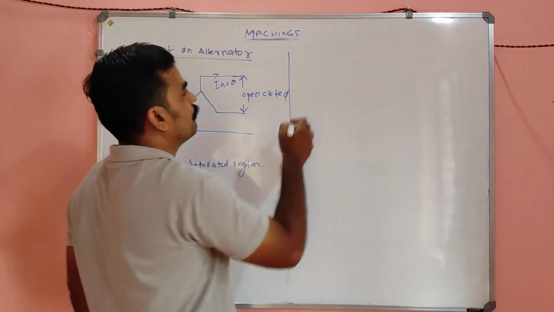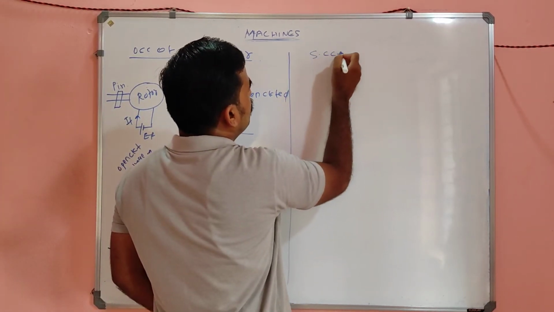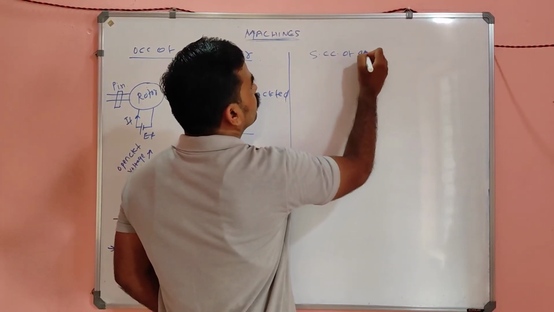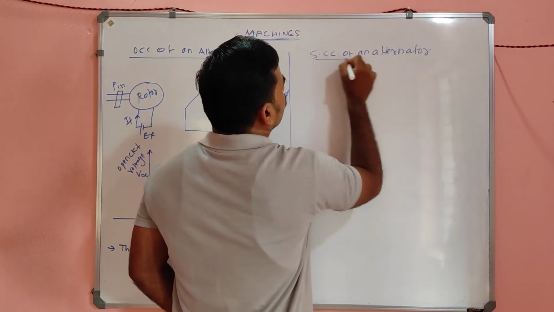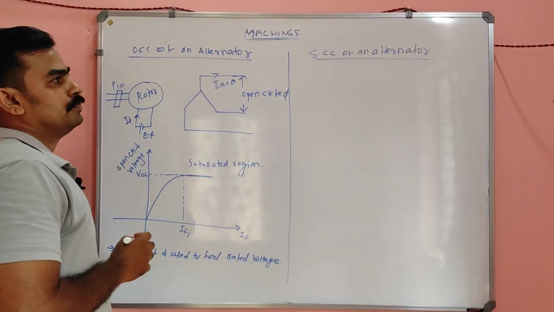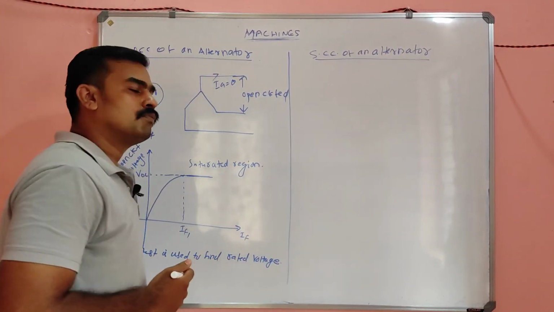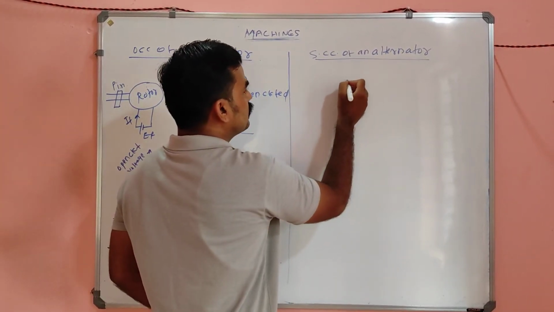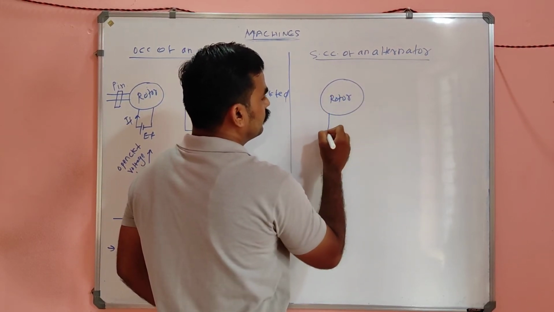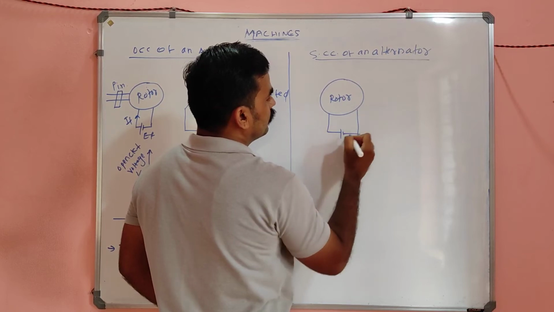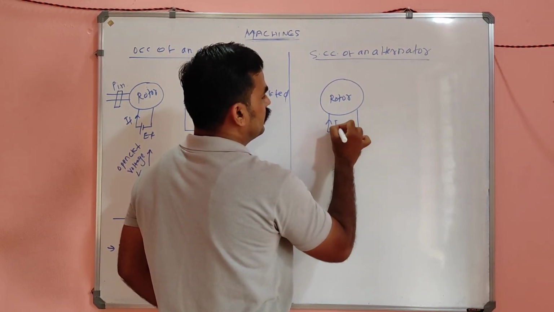And next is SCC of an alternator. Short circuit test, or short circuit characteristics of an alternator. In a similar manner, my dears, this is the rotor. This is EF and IF.